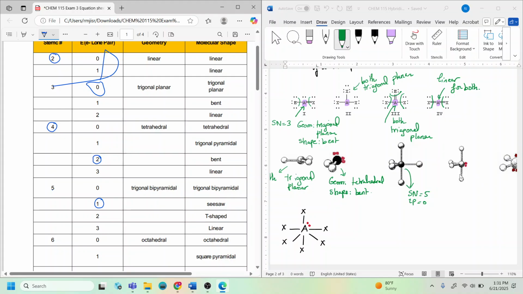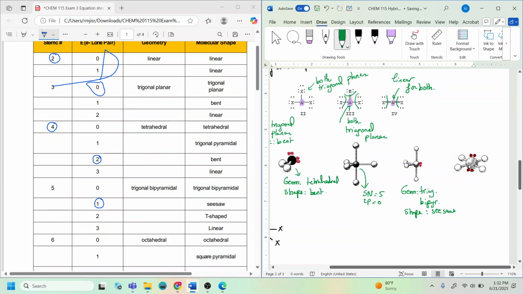So it's drawn like a seesaw. So please read the question and see if you're asked about the shape or the geometry. This one, the geometry is going to be trigonal bipyramidal, and then the shape is going to be a seesaw.